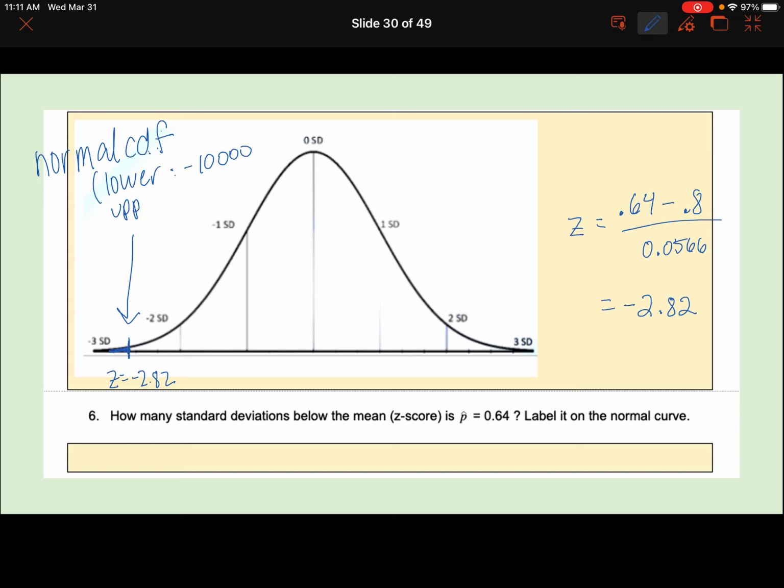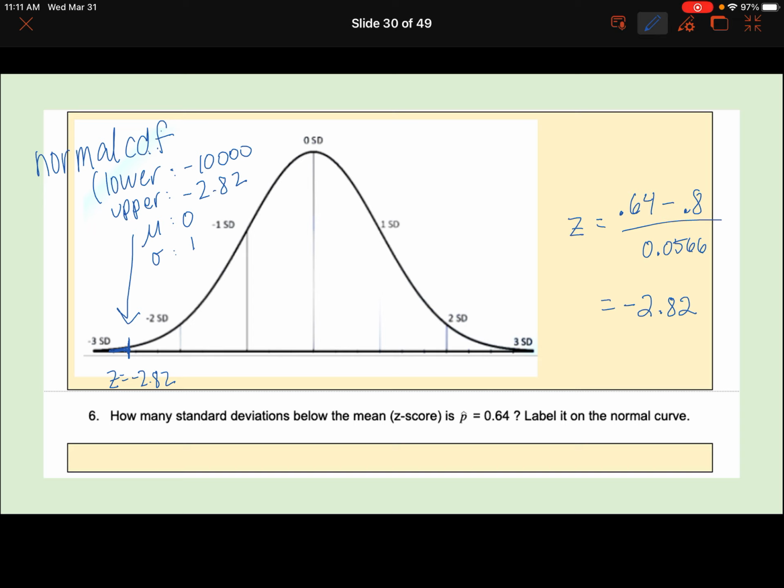Your upper bound, using the z-score, is negative 2.82. If you're using z-scores, the mean and standard deviation are 0 and 1. Those should automatically pop up on your calculator, so you just keep those as they are.